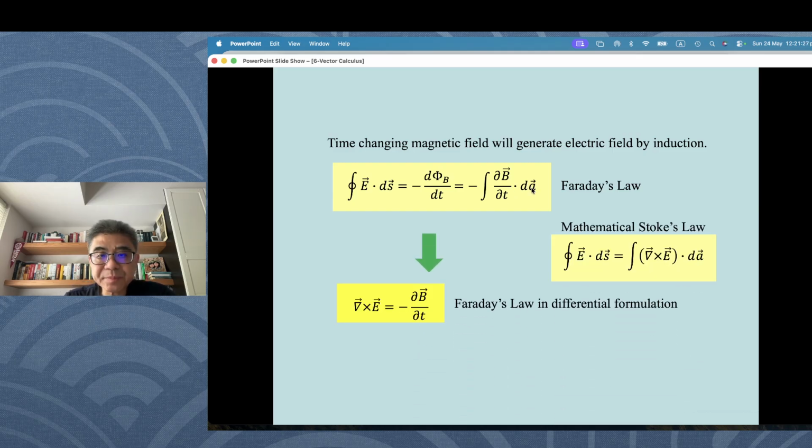Remember, Stokes' law tells you the same line integral of the electric field equals the curl of E dot dA, the surface integral.